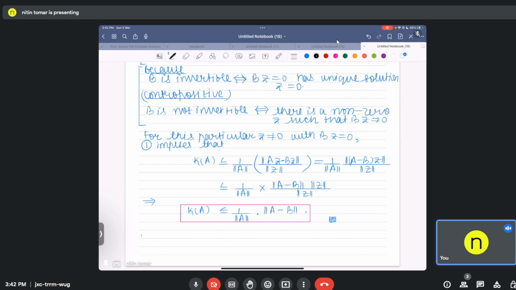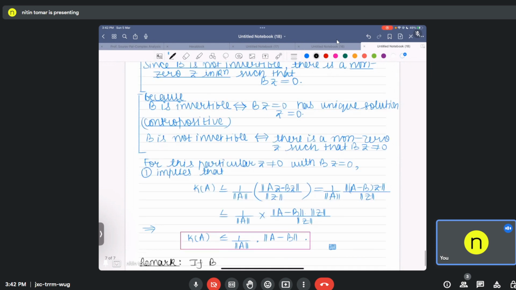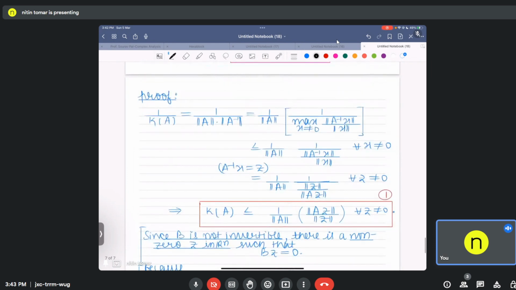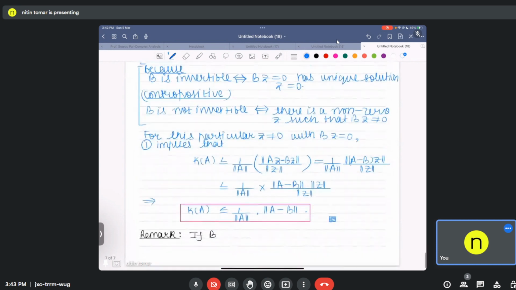So quick remark, as we have discussed. Remark. If, oh sorry, have I done something wrong? Yeah, it is 1 upon kappa A. Okay, so it is kappa A inverse. Yeah, it was 1 upon kappa A to start with.